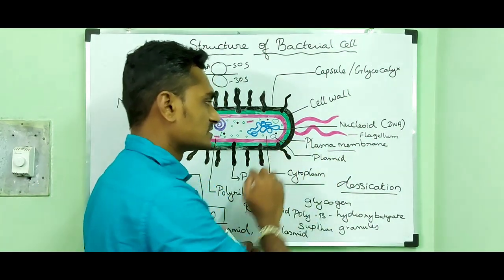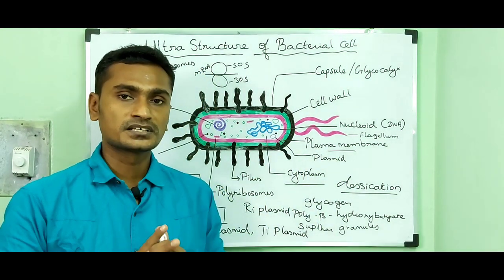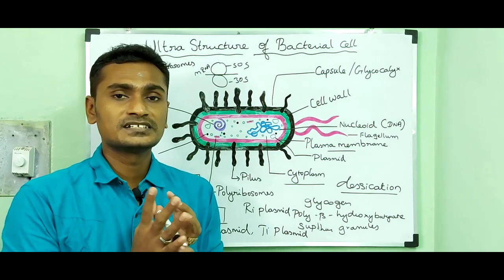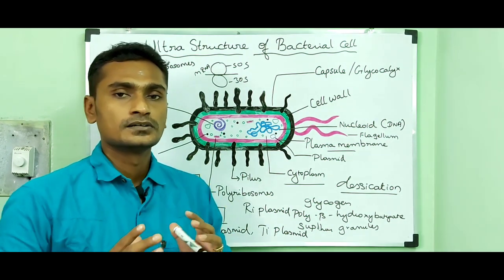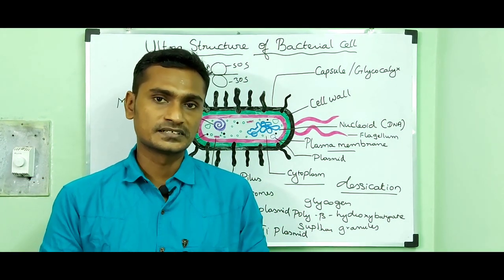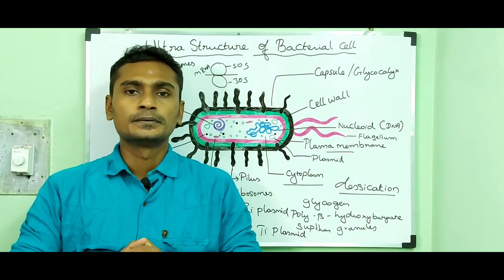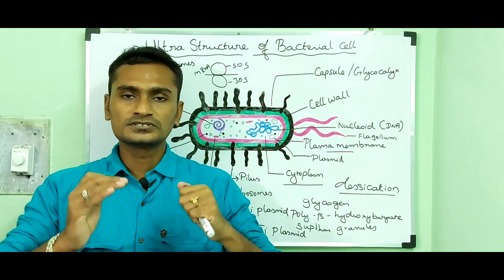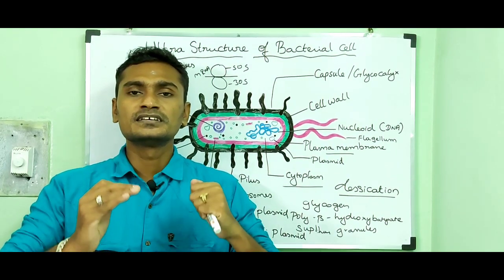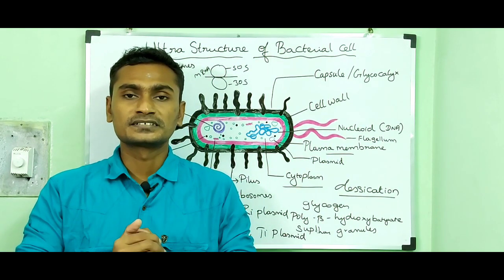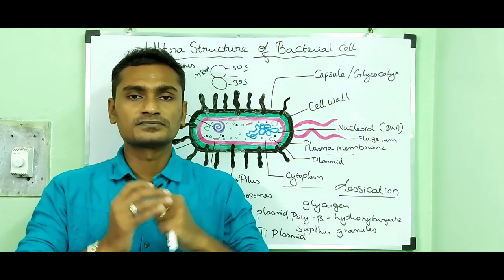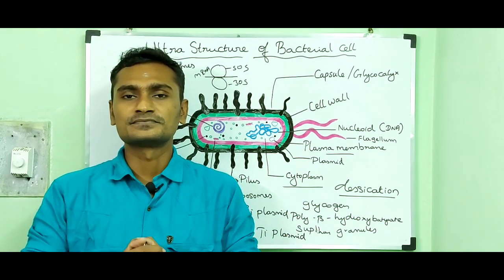The flagella are helpful in locomotion of bacteria. Based on the number and position of flagella, bacteria can be classified into different types. We already discussed these types in the last video.